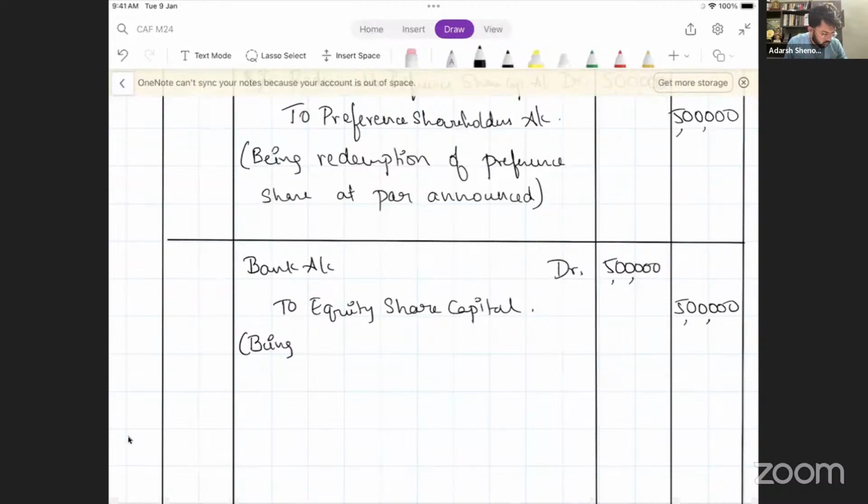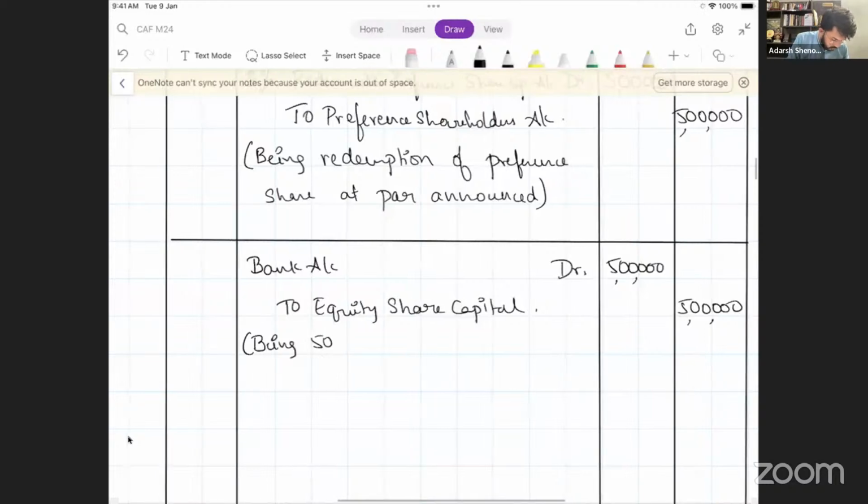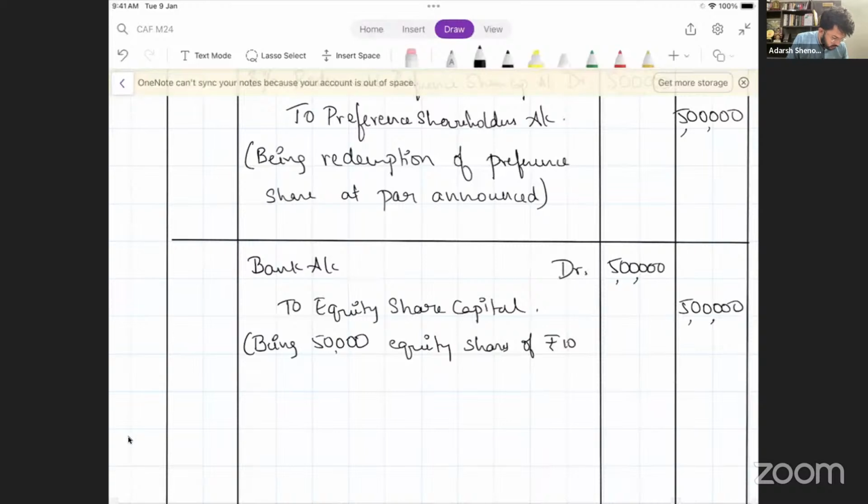Being 50,000 equity shares of rupees 10 each issued at par.